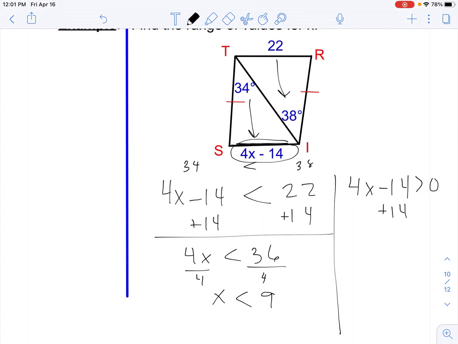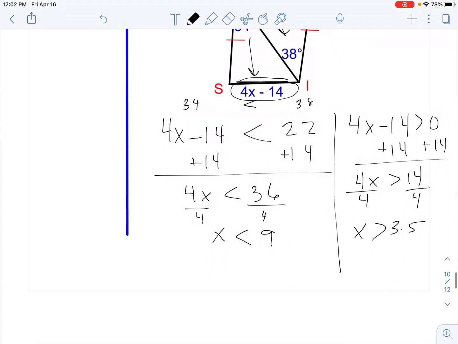So I will add 14 to both sides, divide by 4. So x must be greater than 3.5. That means x can be any number in between 3.5 and 9. X could be 3.8. X could be 8.9. X could be 5, as long as it's in between 3.5 and 9.